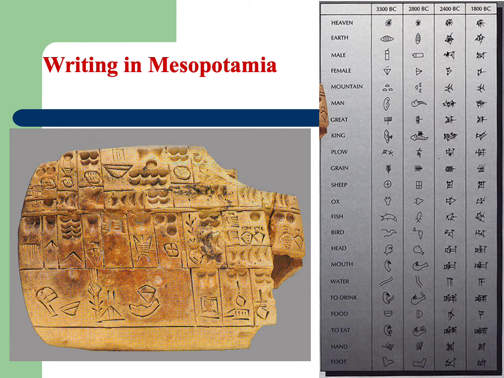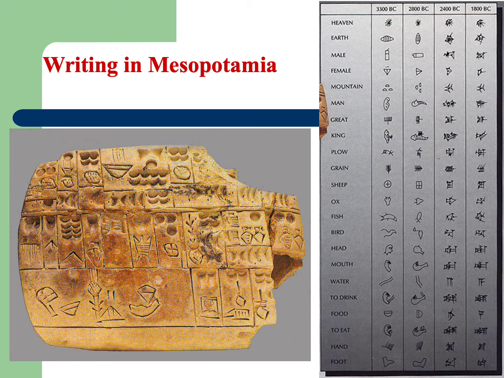But this innovation has a huge impact because now you can create records. Now you can move information from one place to the next. Now people can communicate across space reliably, directly to one another rather than playing telephone with messengers and whatnot.